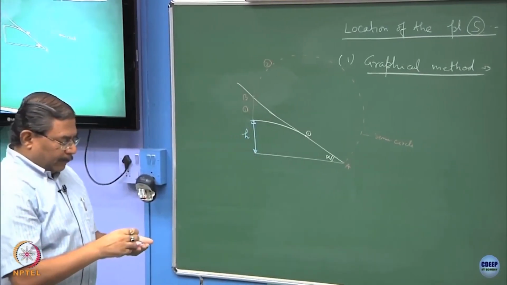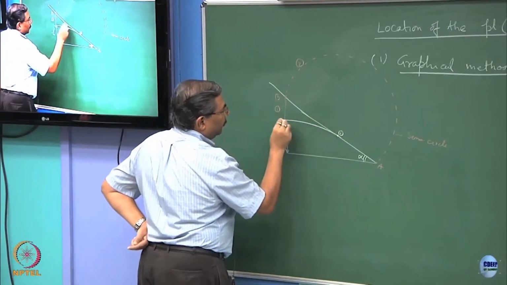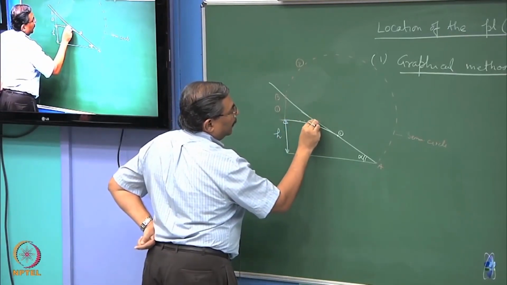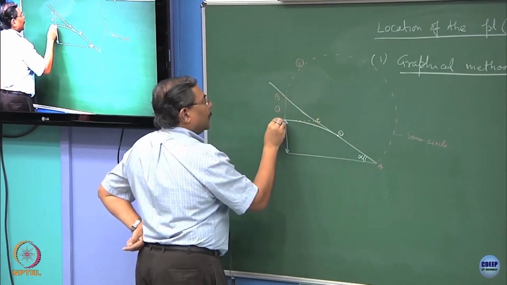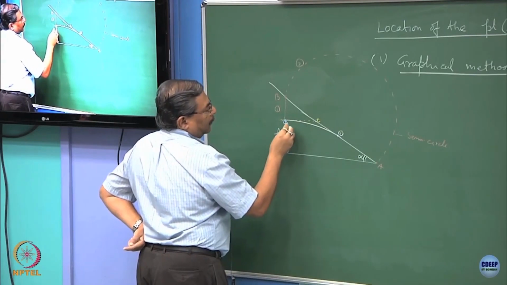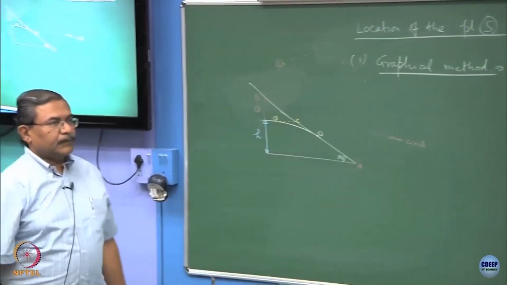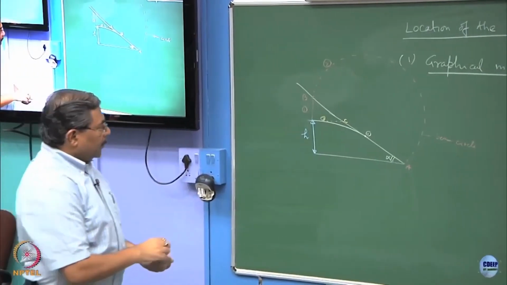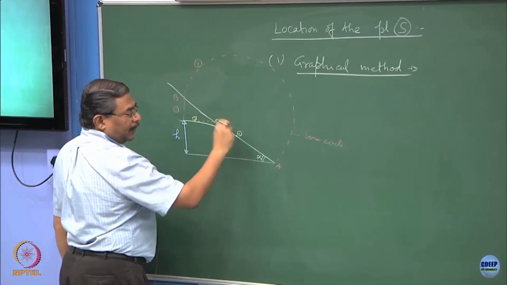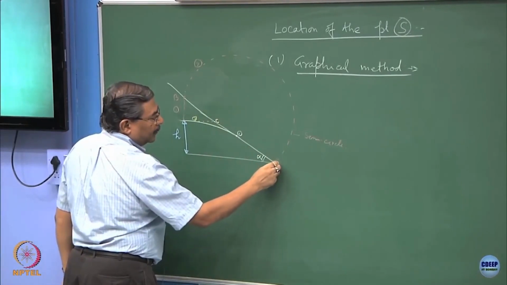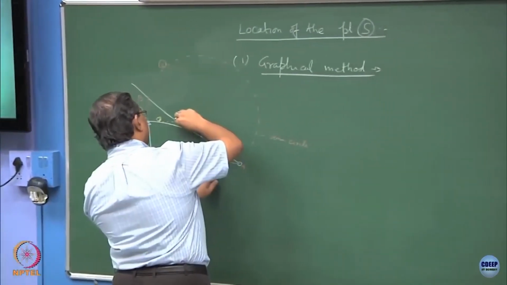draw a tangent to the phreatic line and let it cut the downstream slope. Let us say this point is C. So, this is step number 3. Take AC as the radius and keeping A as the center, draw an arc.